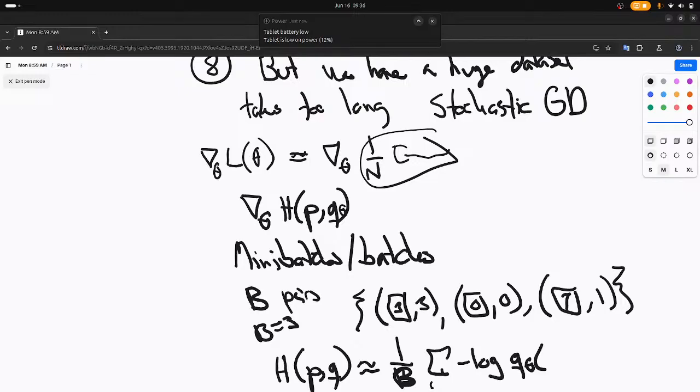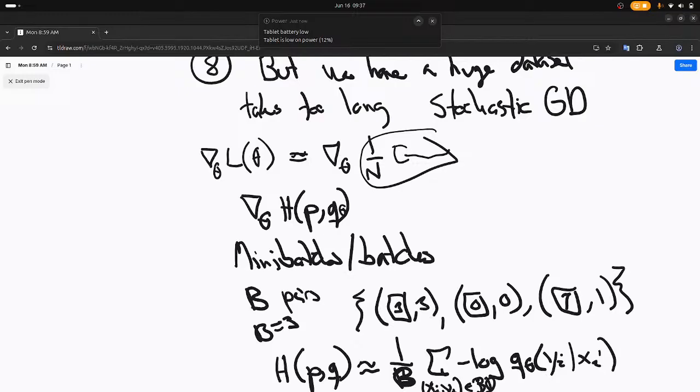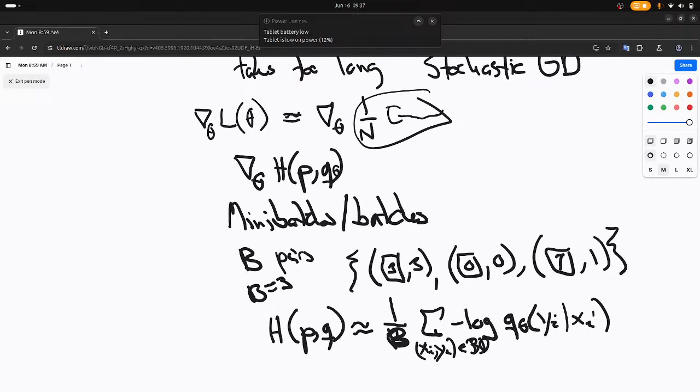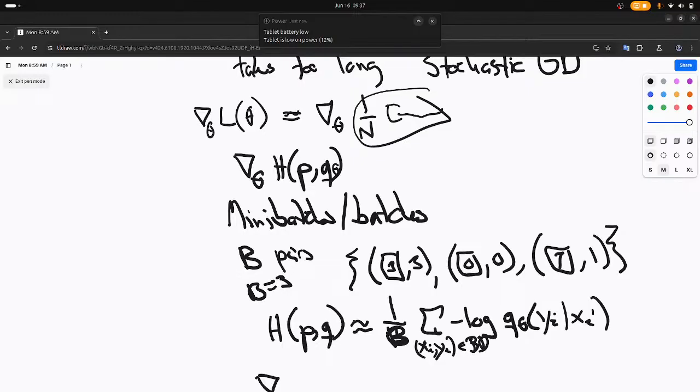I write q theta because then the q depends on the weights of the neural network, of yi, xi. And now xi and yi are not from the full dataset, but just from this tiny batch. I'm going to use this in one round and compute the gradient of the loss.